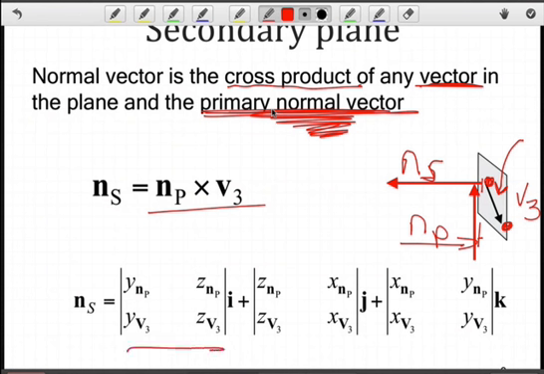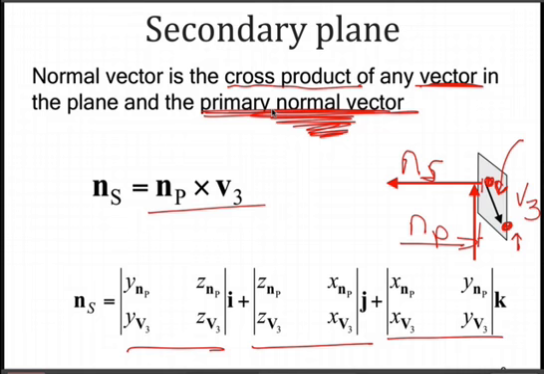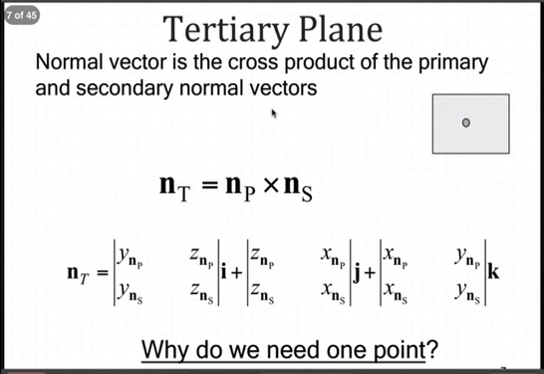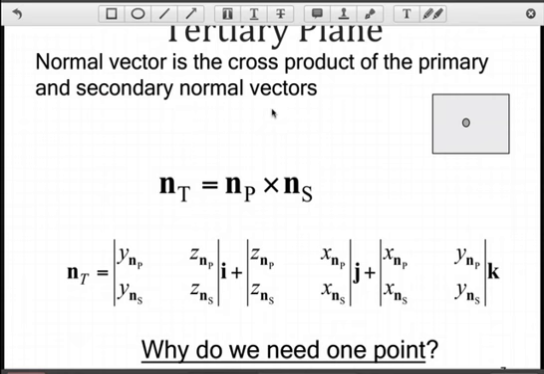And of course, we calculate the cross product in the same way. We also calculate D in the same way. We substitute either one of these points to determine D. And now I've got a secondary plane that is perpendicular to the first plane. And then finally, the tertiary plane. Here we have to take into account the primary and secondary constraints on the tertiary.